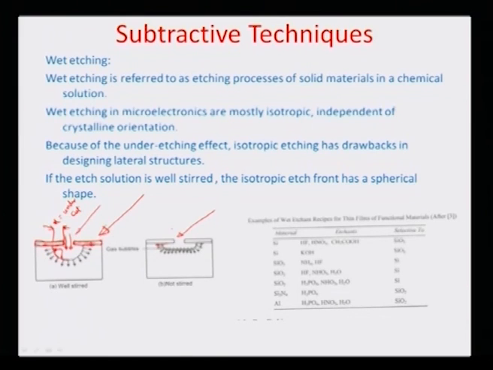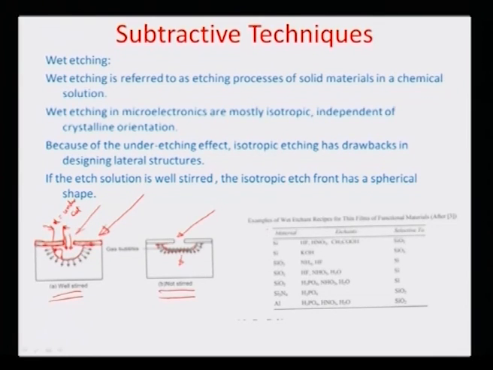Typically, if you had a very well stirred solution where whatever is coming out is going away from this etch window, it would result in a homogeneous profile like this. If you do not have a very well stirred solution, it would rather result in this, because the amount of atoms coming out of this material would have a higher concentration here, and thus diffusional restrictions would prevent further etchant from moving in, and so the rate in the vertical direction would be reduced in comparison to the horizontal direction.